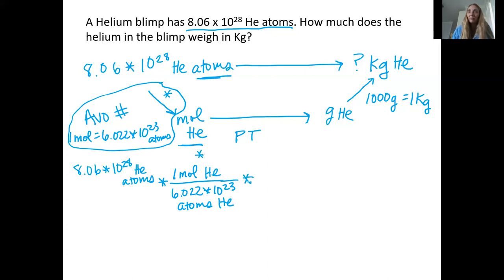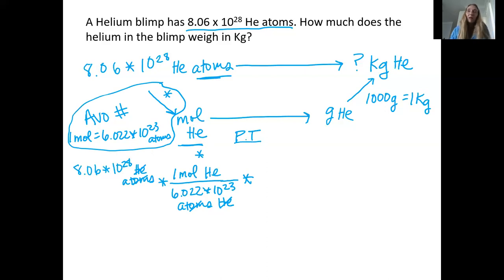Okay. And if I look, helium cancels with helium at the bottom. If I divide those out, it just becomes 1, so it cancels. And then atoms cancel with atoms. And I'm left with moles of helium here. And look, my plan has moles of helium there. So it actually matches moles of helium, moles of helium. The next step is I'm going to go to my periodic table and look up helium.